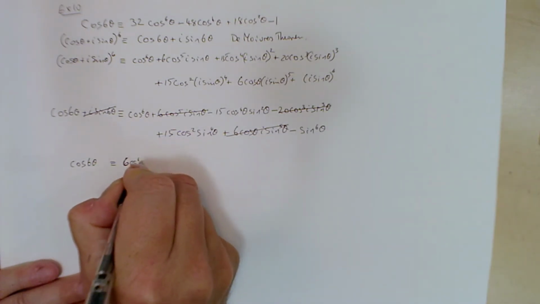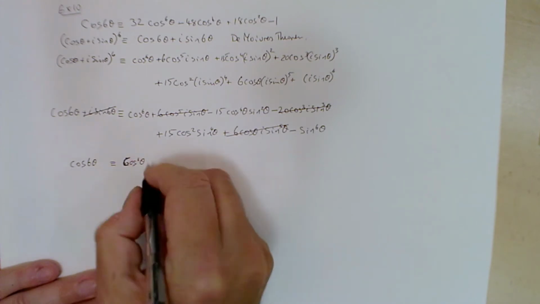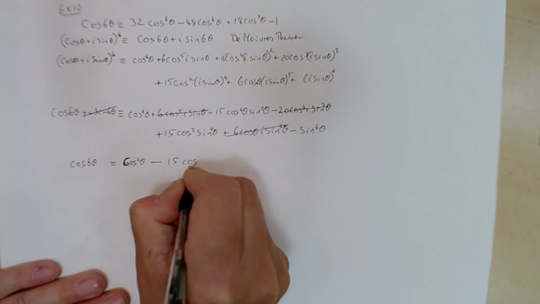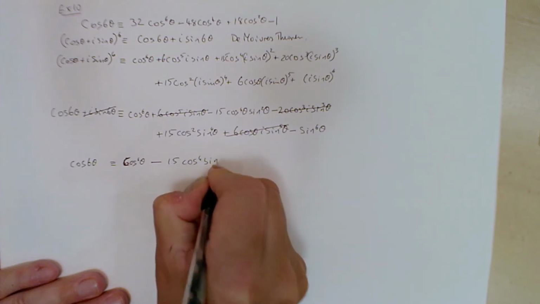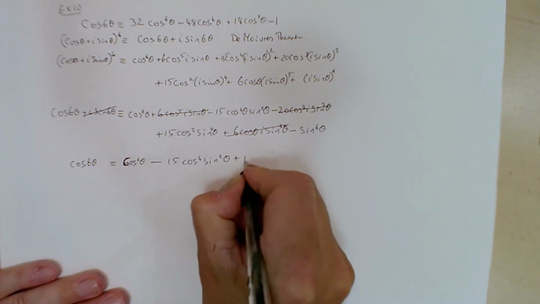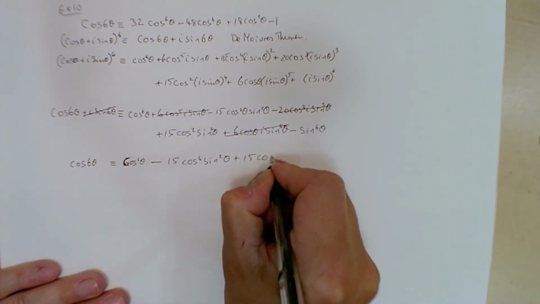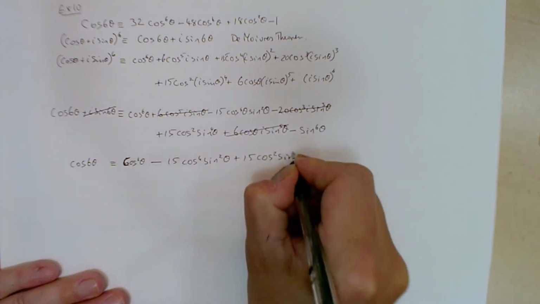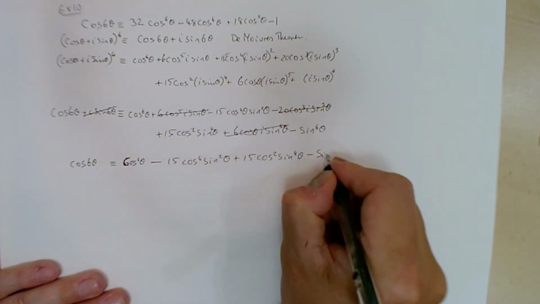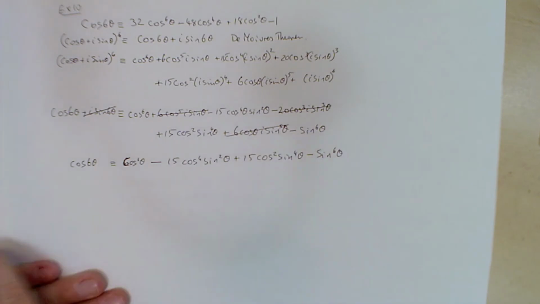cos to the power of 6 theta, sorry for making a little bit of a mess there, minus 15 cos to the power of 4 sine squared theta, plus 15 cos squared sine to the power of 4 theta, minus sine to the power of 6 theta.